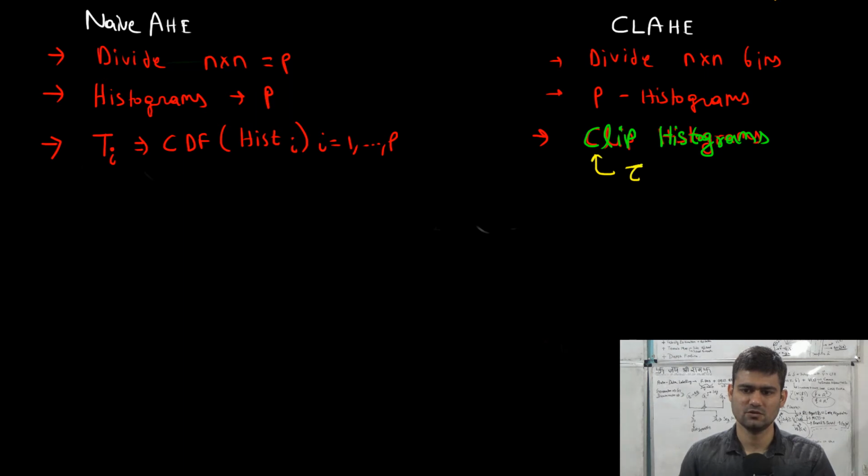So there's a threshold tau, and we clip the histogram with this user-defined threshold. Then we obtain new clipped histograms, and then we compute the transformation functions Ti, CDF of the clipped histograms.